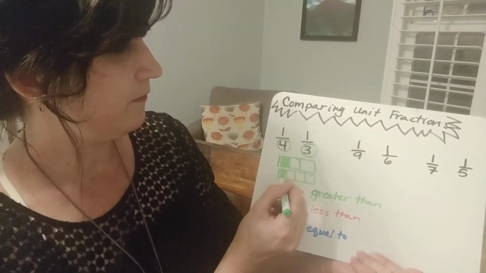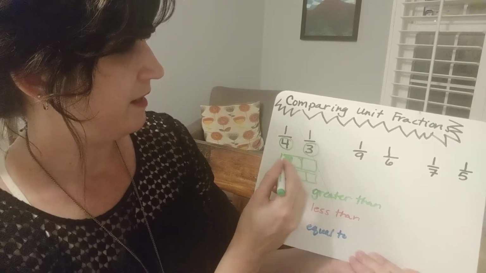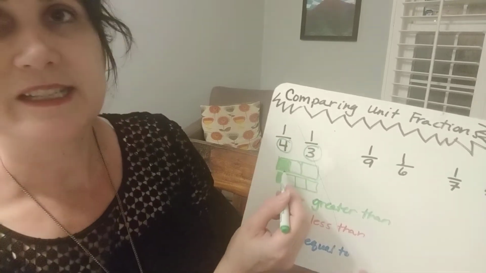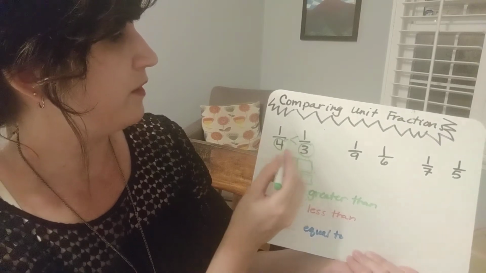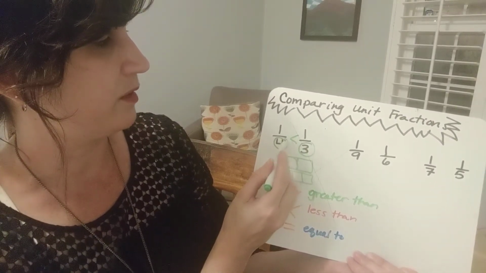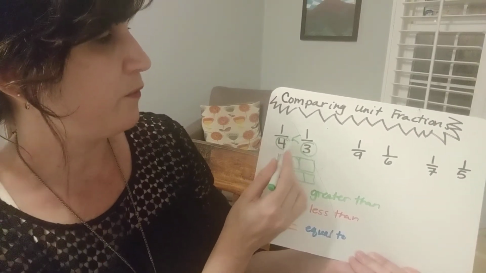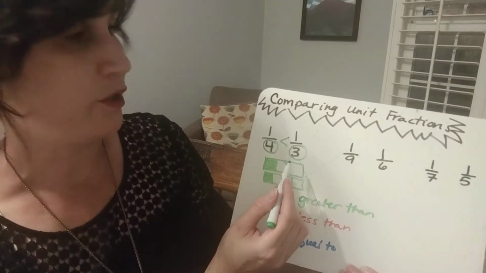And if I color in this piece, I can see that that third is much larger than the fourth. So I would say that 1/4, the little pointy part, the arrow is going to point to the small number. 1/4 is less than 1/3.